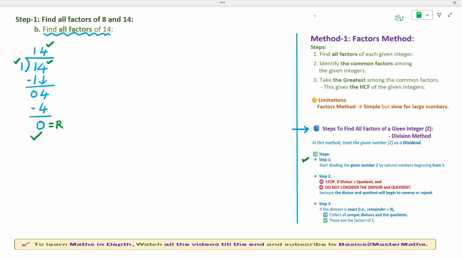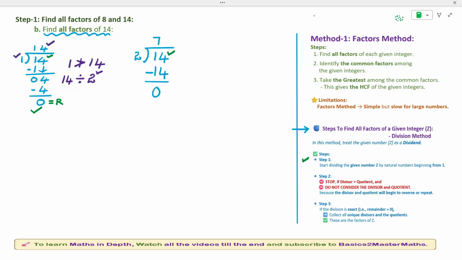So, this division is exact. In this case, the divisor 1 is not greater than the quotient 14. So, divide 14 by the next natural number 2.